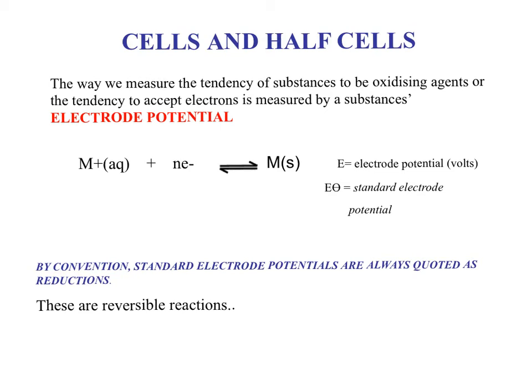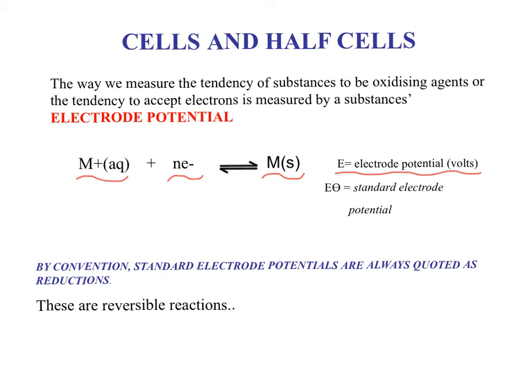Now, if we consider this half equation on the screen, you can see that the metal ion in solution is gaining electrons to form a metal atom, and that would be a solid metal atom. Now, if we measure how easily this metal ion will accept these electrons, we will measure its electrode potential. Now, the higher the electrode potential, the greater the tendency for this metal ion to accept electrons.